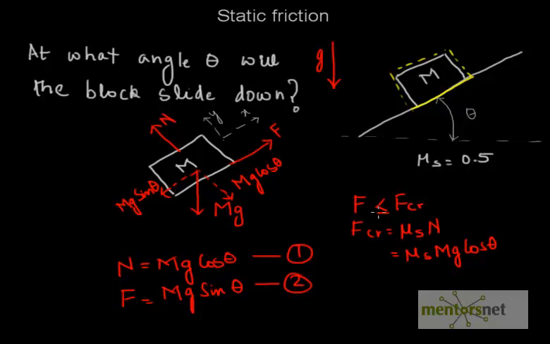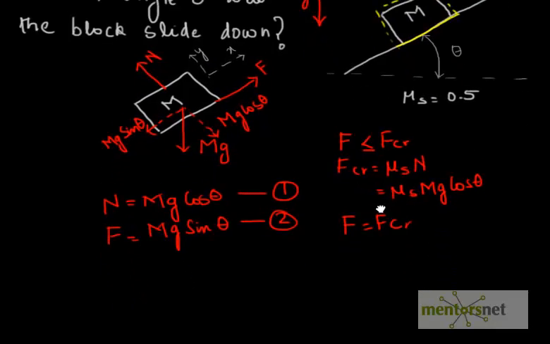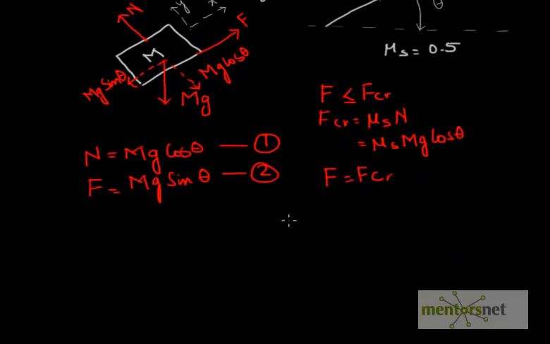So converting this inequality and taking its boundary case and setting it to be an equality, we can say that the body will begin to slide at the angle at which F is equal to F critical, and this will be when mg sin theta is equal to mu s mg cos theta.